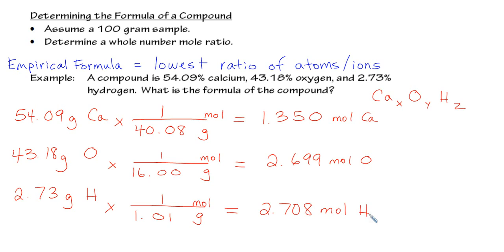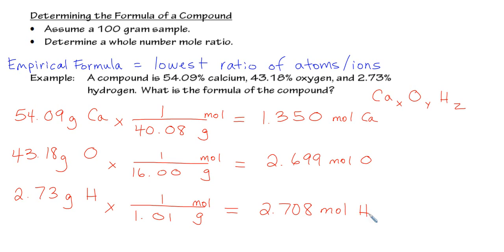So if you left 2 decimal spots, I could live with it. I would be fine. In the end, we're looking for a ratio, and we're going to apply that ratio to our final formula. The more precision you show in these mole calculations, the easier it might be to calculate a whole number ratio. So I look at my data.